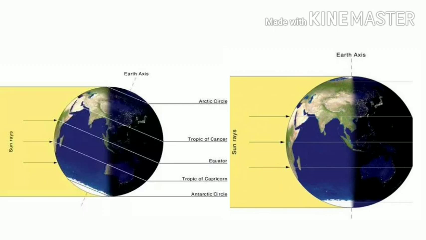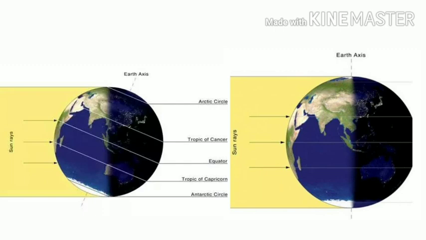In these two pictures, what you will observe is that the rays of the sun are straight till the Tropic of Cancer, and afterward they are slanting. So due to the curvature of the earth, the amount of solar energy received is different according to the latitude.